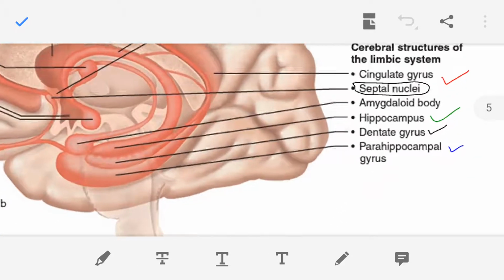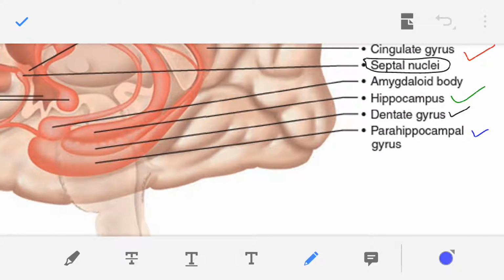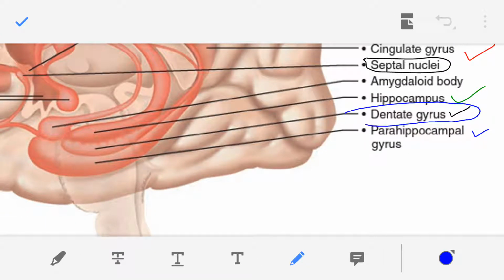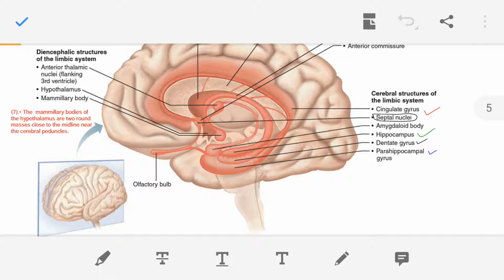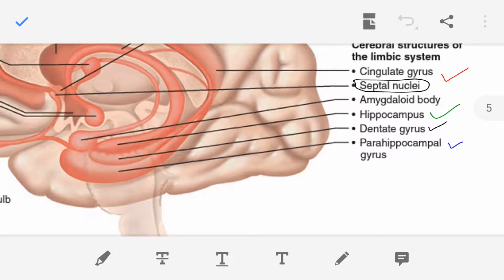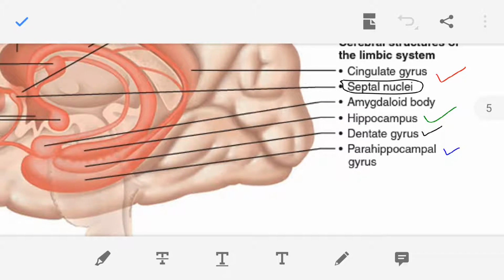Okay, see, dentate gyrus, this part. This is the dentate gyrus. So as you can see, it is present between hippocampus and parahippocampal gyrus.